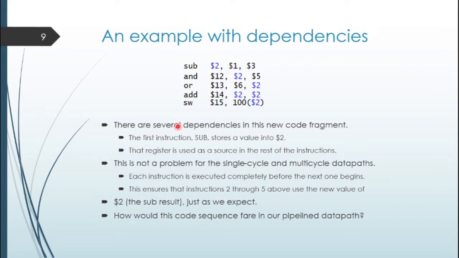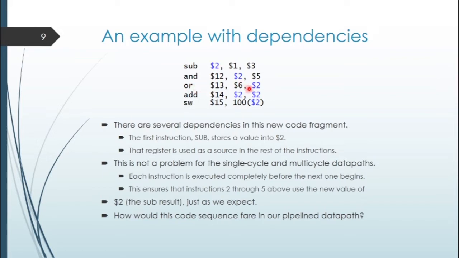The first instruction is sub: register 1 minus register 3, and the result is stored in register 2. The next instruction is an AND operation between register 2 and register 5, and the result is stored in register 12. Here you can see register 2, which is the source for the second instruction, is actually the destination of the first one.